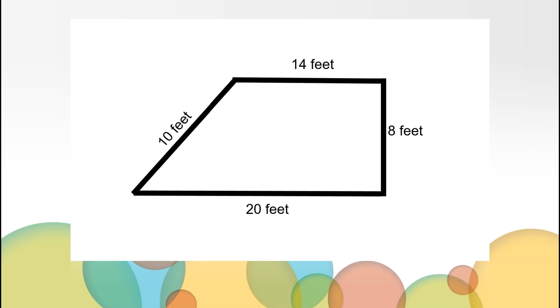Sophia realized that she could break up or decompose her wall into different segments to help her find the area. She decided to break the wall into a triangle and a rectangle by drawing an imaginary line like this.